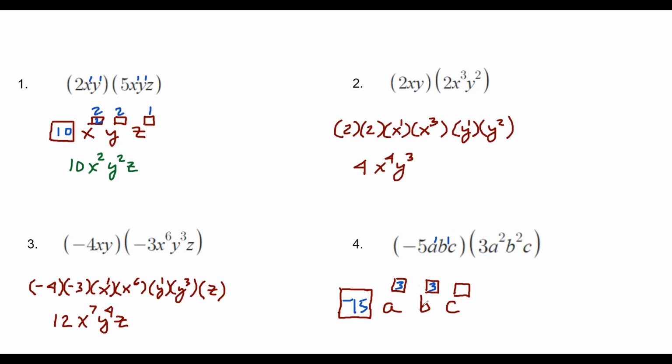We have 3 b's. And 1 c plus another 1 c, that leaves us with 2 c's. Now let's just rewrite this so that this is clear what our answer is. -15, a to the 3rd, b to the 3rd, c to the 2nd.